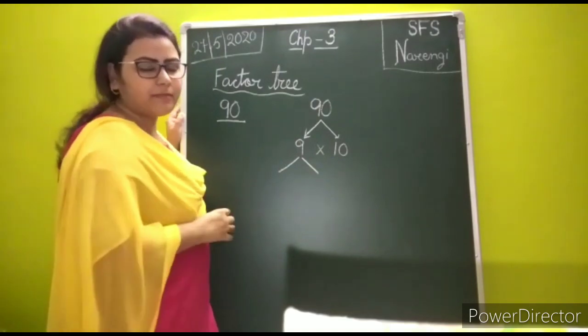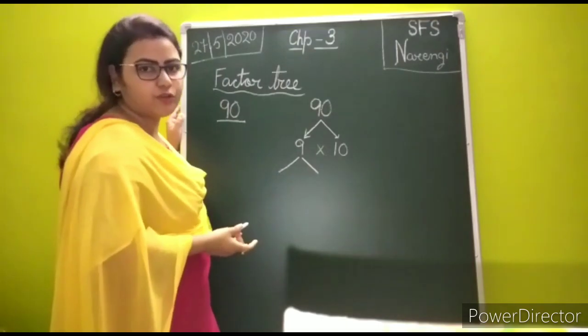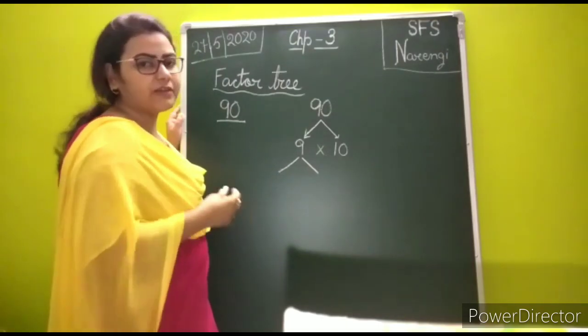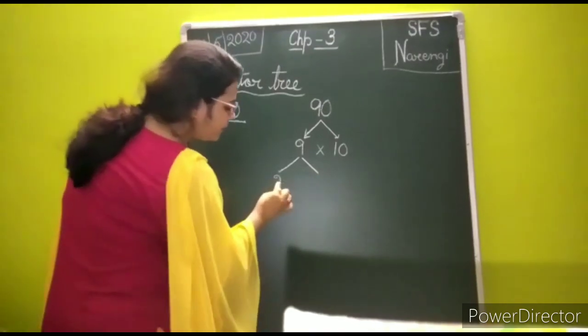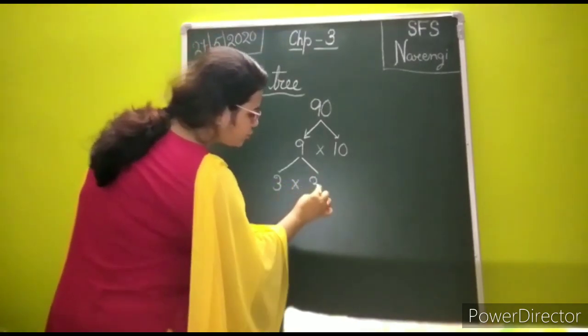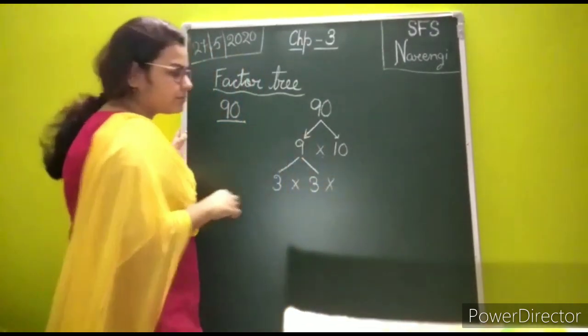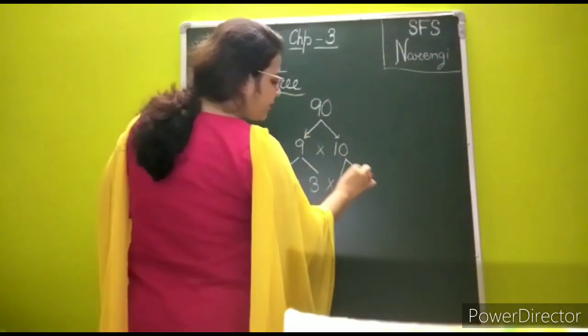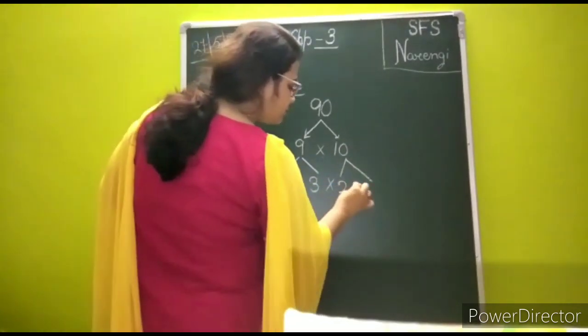One is 1 into 9. And what other factor is of 9? 9 is a composite number. We already know, right? So, what is the other factor of 9? 3 3s are 9. So, 3 into 3. Now, for 10 also we will have two factors. 2 5s are 10.